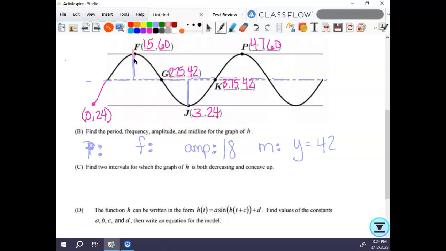That should be 4.5. I don't know what I said when I did it. Not sure where the 7 came from. Goodness gracious. 4.5. So going from here to here, or from here to here, doesn't really matter. The period is 3, which makes the frequency 1/3.